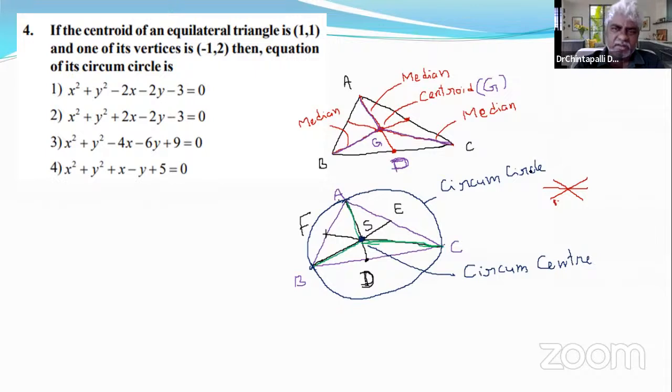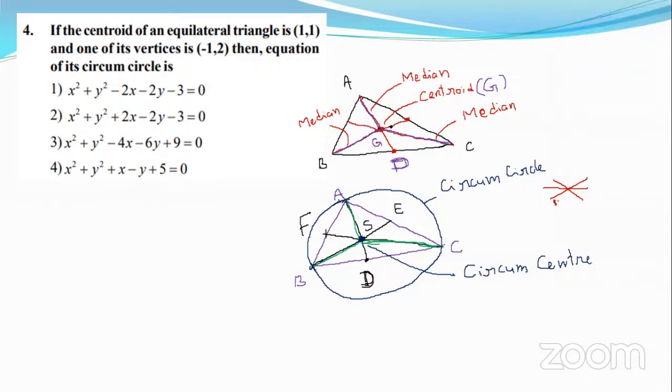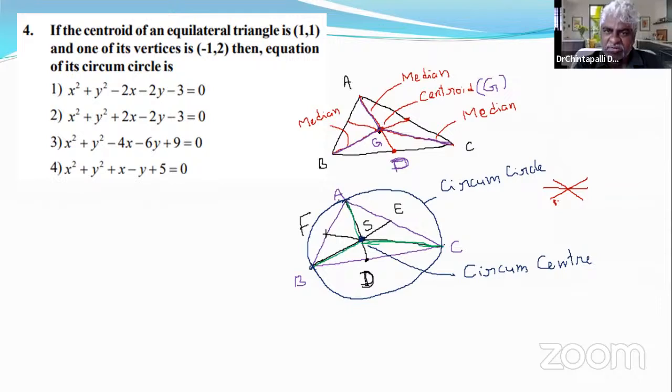Please note that circumcenter and centroid need not be the same. For example, as we know, AG, BG, CG are not the same, because it is not the circumcenter, it is the centroid. If we try to draw a circle like this, taking G as the center and AG as the radius, the circle goes like this.